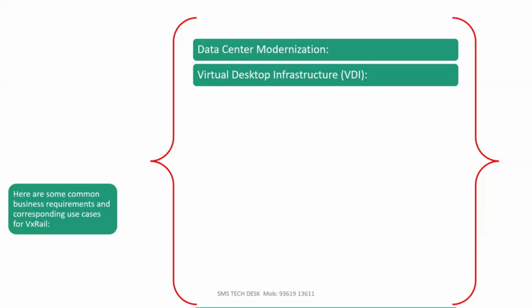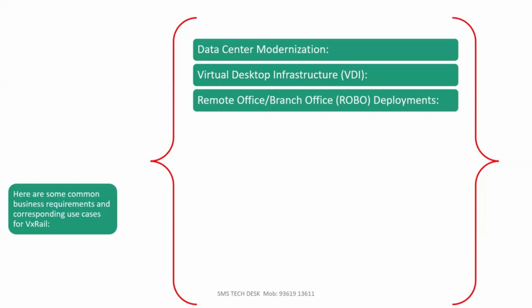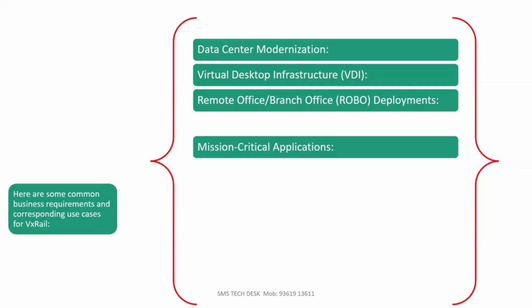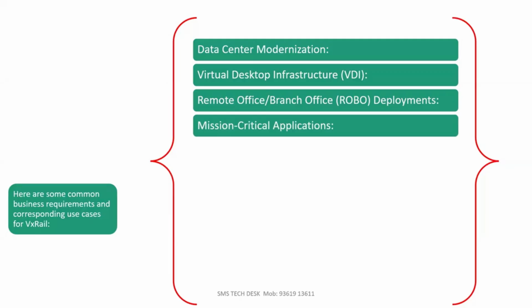Next, the customer is already running an infrastructure but is planning to open a new branch office. There are possibilities that we may suggest VxRail hardware infrastructure. Then next is mission critical applications.